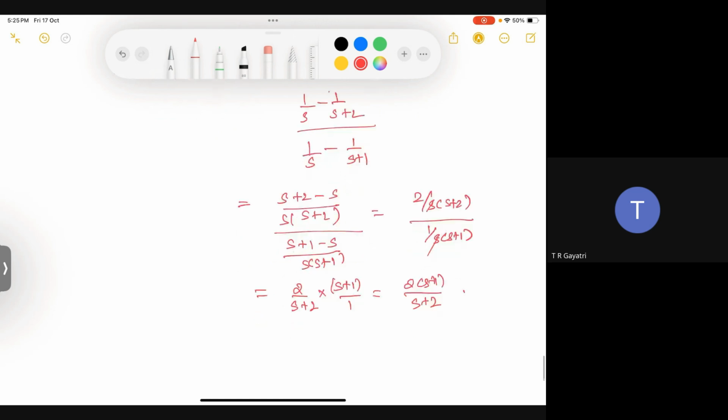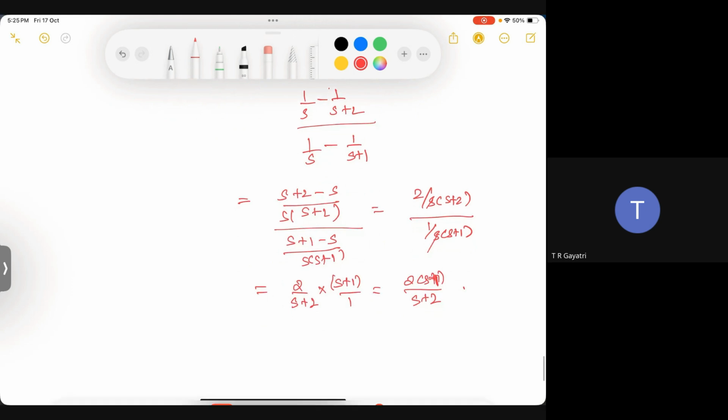So this will be the answer, the minimum possible, shortest form of the answer. This is the transfer function of the system.